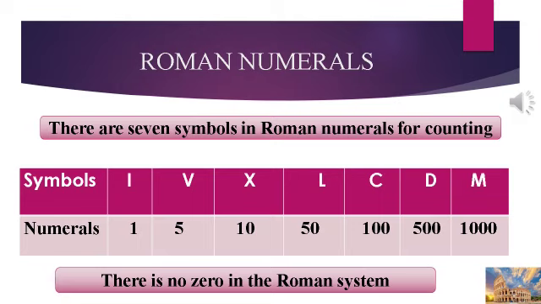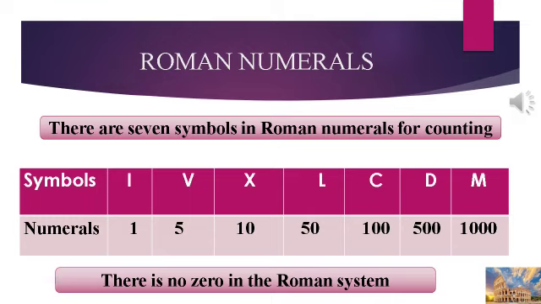In the Roman Empire, they used Roman numerals for counting. There are 7 symbols in Roman numerals for counting. Do you know what they are? They are I, V, X, L, C, D, M. Do you know what they stand for?